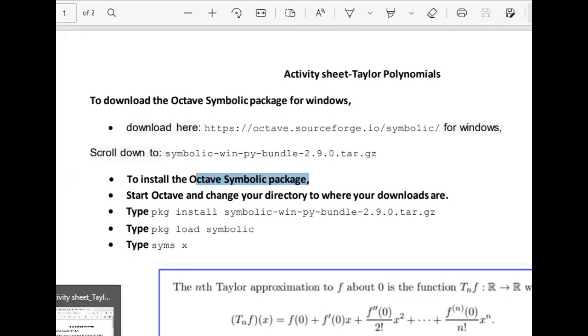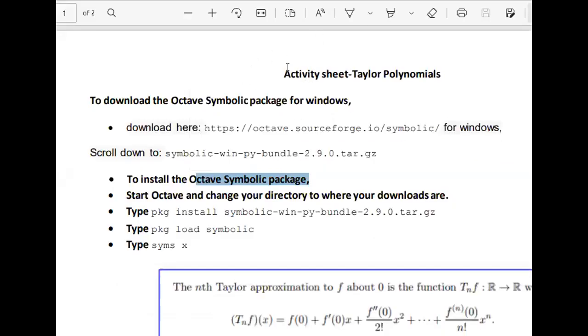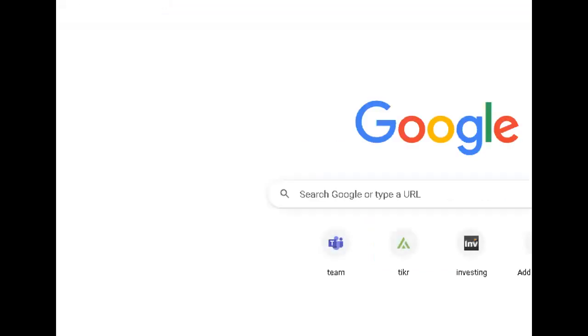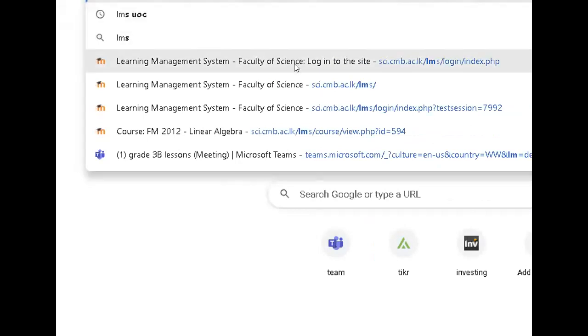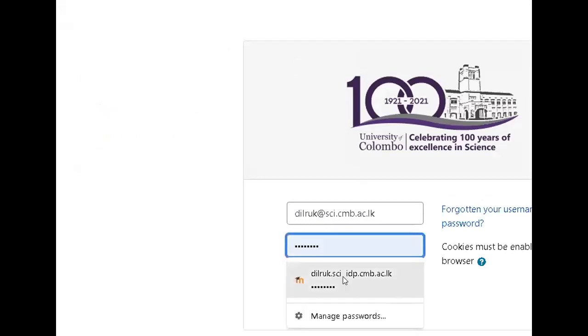So just go to your LMS. Log into your LMS, and you can find this document.